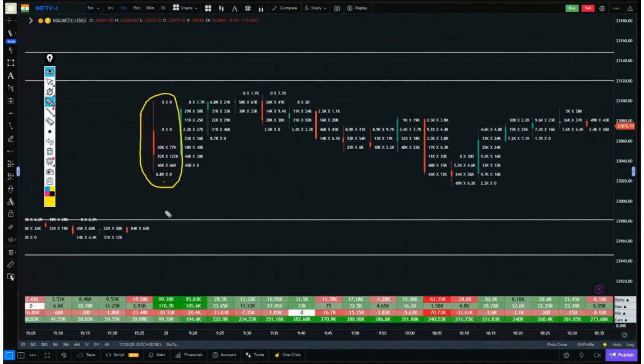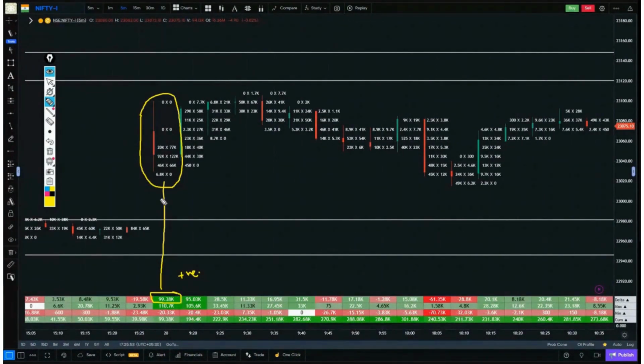The topmost value is around 1 lakh in green, and there is no negative sign in front of this value. That means it is a positive delta, and positive delta always denotes buyers. So the positive delta value is 99,000, near 1 lakh. So inside this candle, there are 1 lakh more buyers compared to sellers.